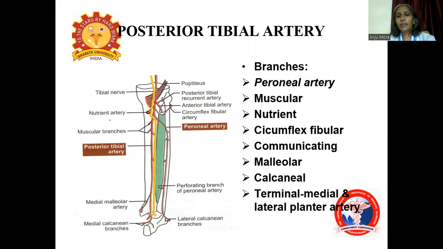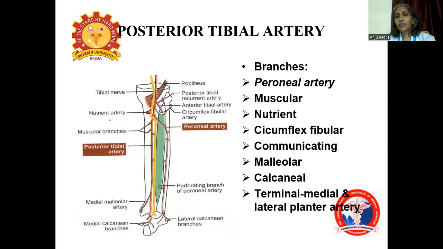So we have two malleoli here, but this will take care of the medial malleolar branch, then the calcaneal branch on the medial side, that is the medial calcaneal branch. The lateral malleolar branch and the lateral calcaneal branch will be from the peroneal artery.